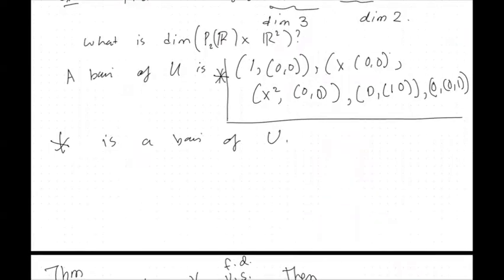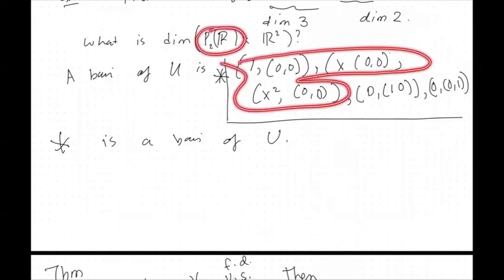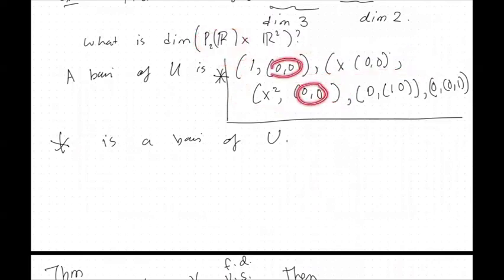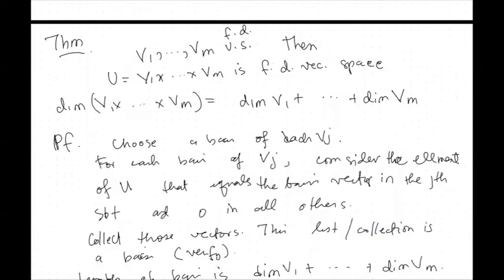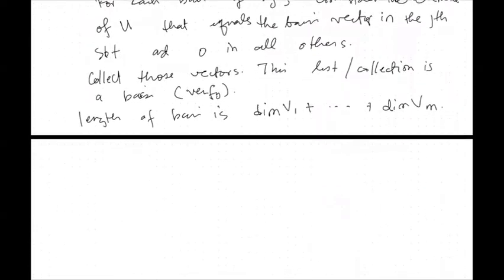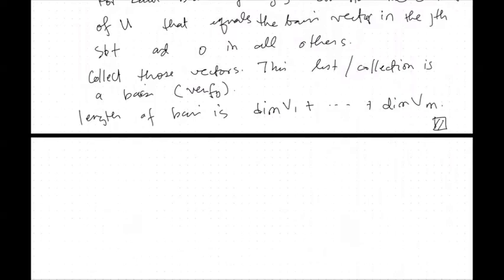For each basis, based on the first collection, 1, x and x squared is a basis for P2, and then you adjoin all else 0. And on the other one, (1, 0) and (0, 1) is a basis for R2, and for all the others, you just put 0. So that's the rough sketch of the proof here.